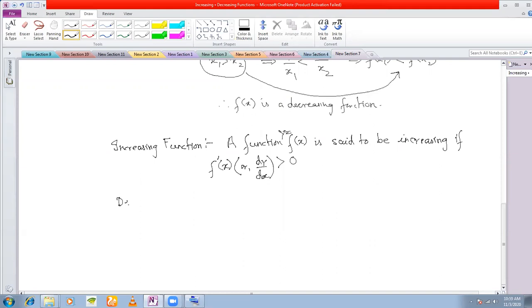What about decreasing functions? Just the reverse condition. That is, the first derivative has to be negative. Okay.